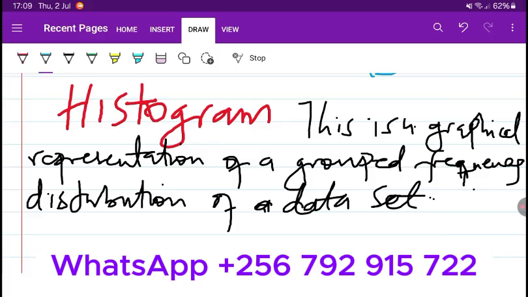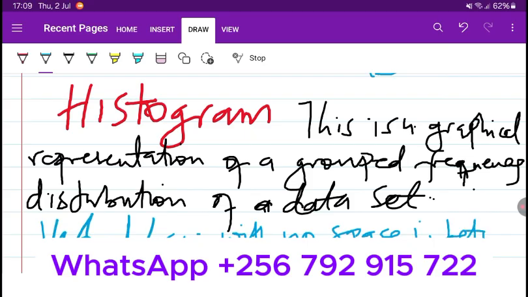We have vertical bars with no space in between them. So it is a graph including vertical bars without space between those vertical bars.